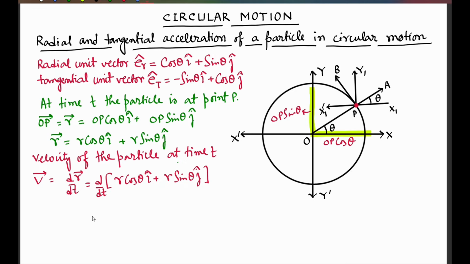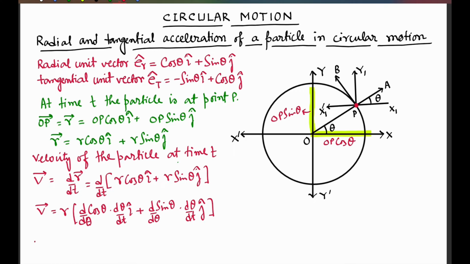We can write this equation like this: v is r, as the radius is constant, then r in bracket d/d theta of cos theta into d theta/dt i cap plus d/d theta of sine theta into d theta/dt j cap.